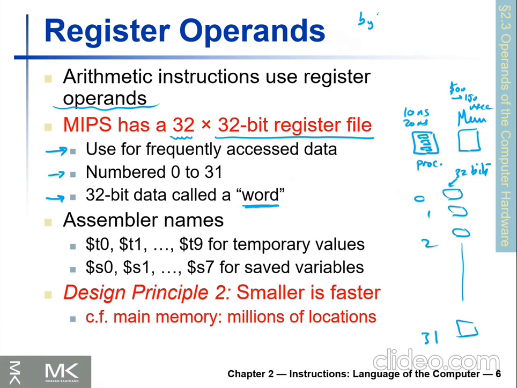Remember, a byte is 8 bits, and this is common in all architectures. But the definition of the word differs from one architecture to another. Some architectures define the word as 16 bits, but MIPS here defines the word as 32 bits. This is really important. But the byte in all architectures is 8 bits.